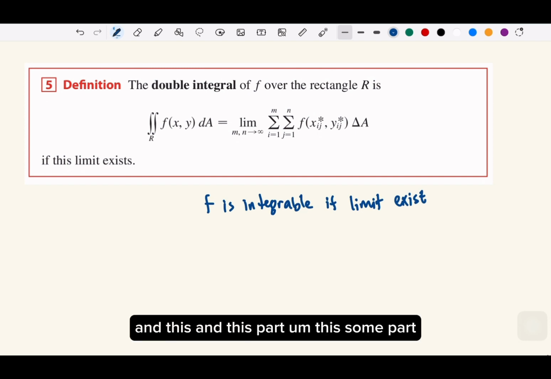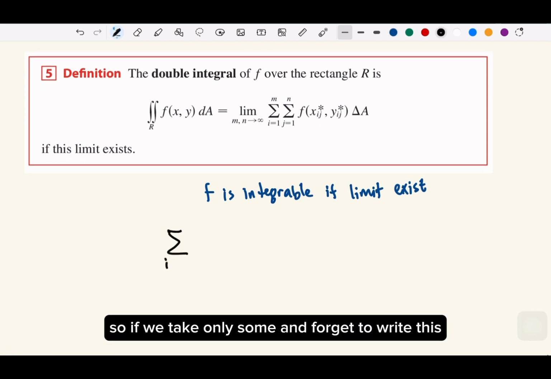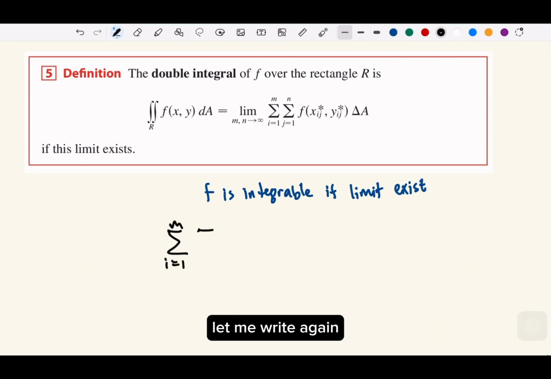And this part, the sum part. If we take only the sum, I forgot to write this, let me write again.